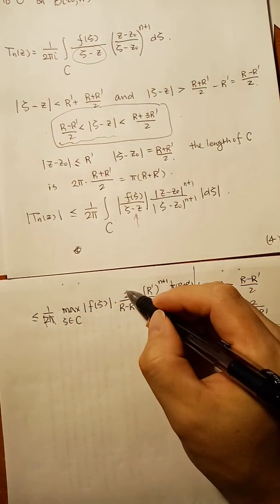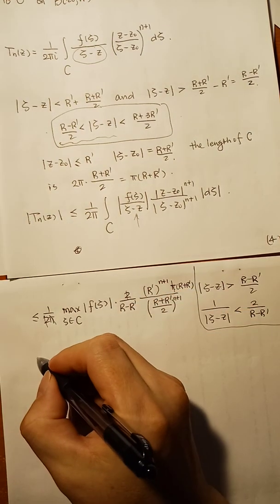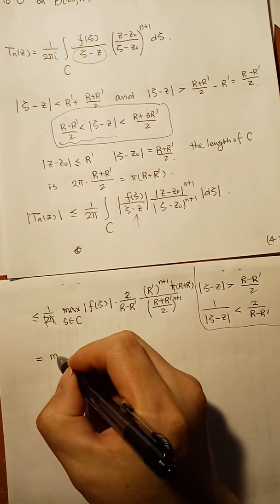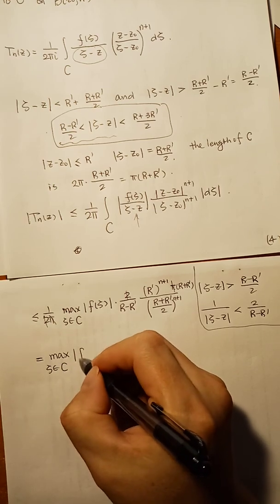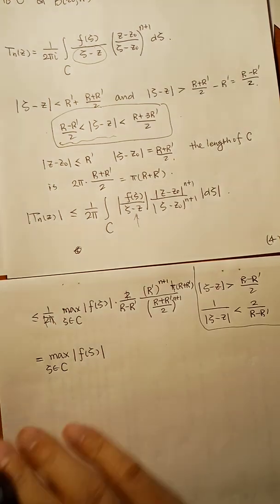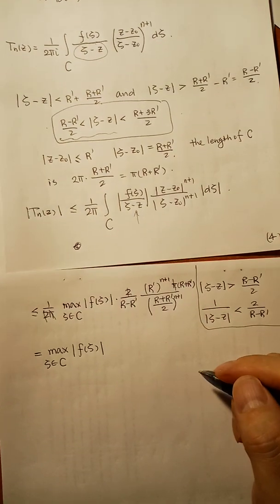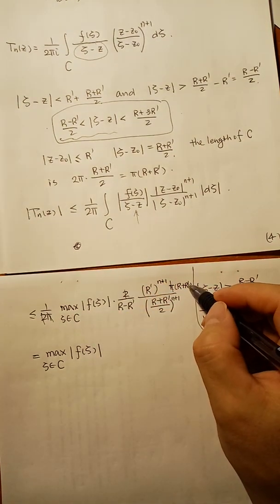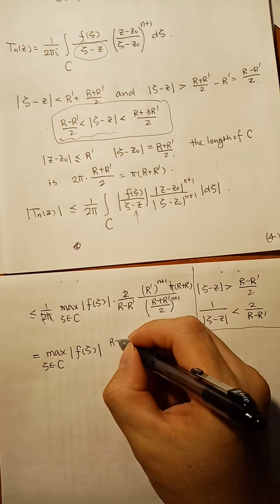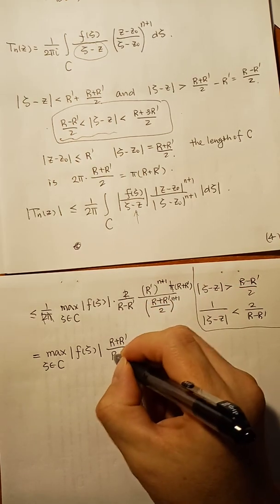You have r, you cancel with this r. So we have the maximum value, theta belonging to C, of f of theta. It's fixed. It does not depend on z. And 2 cancels. So r plus r prime, r minus r prime.